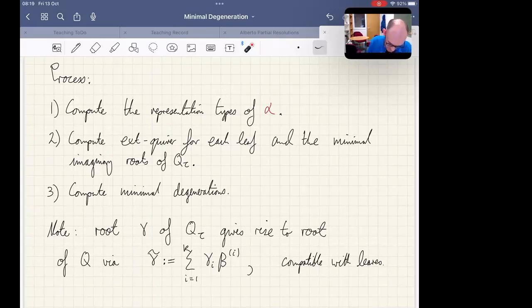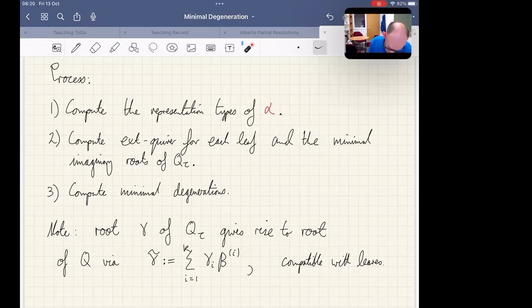So essentially what you do is you first work out what all these representation types are, and then you compute this Ext quiver for each leaf, and then you look at the minimal imaginary roots for that Ext quiver, and they tell you what the minimal degenerations are inside your larger quiver.